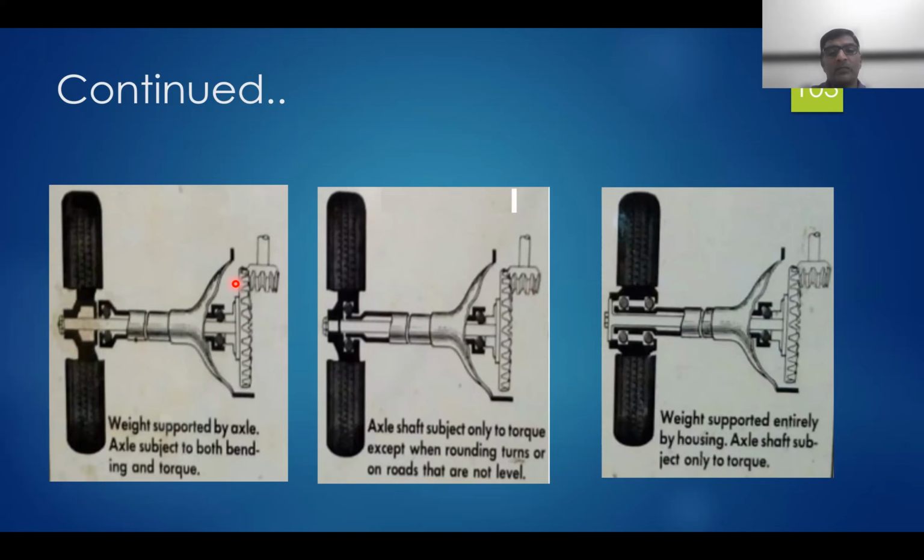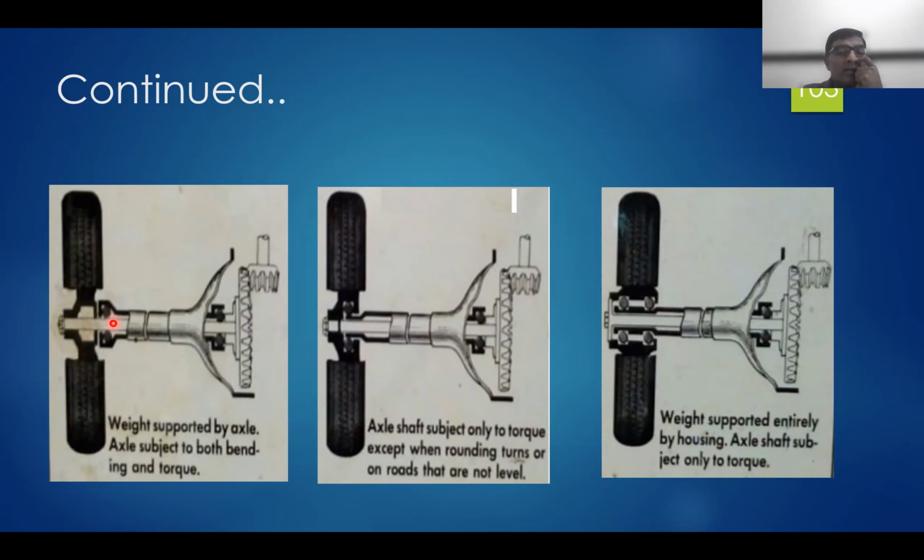You can see half floating, and here it is mentioned: weight supported by axle, axle subject to both bending and torque. That means it is going to take the load, because of that there will be bending stress, and it also has to transmit the torque so that the vehicle is going to propel.